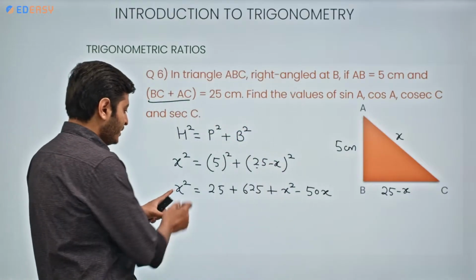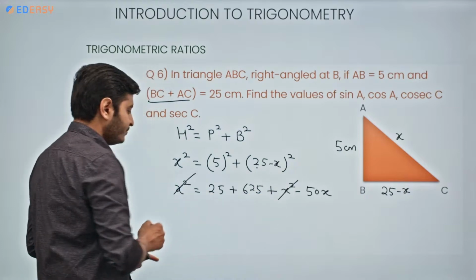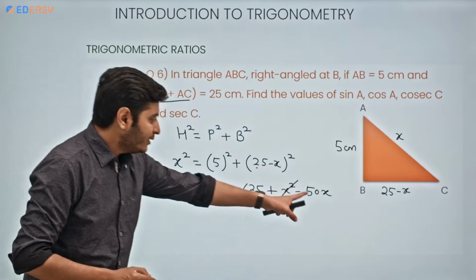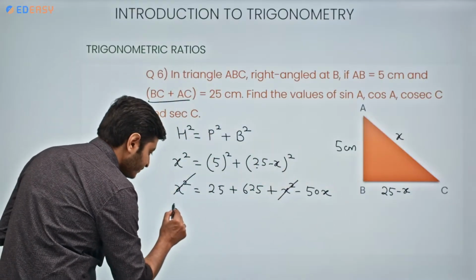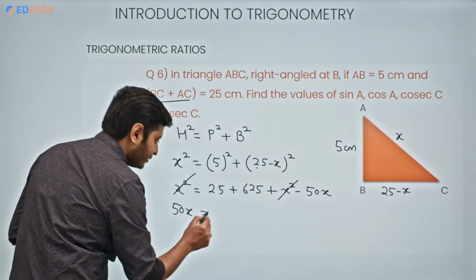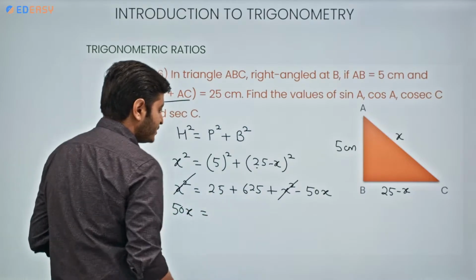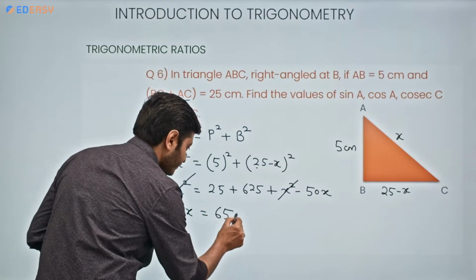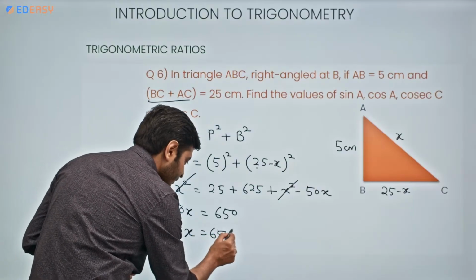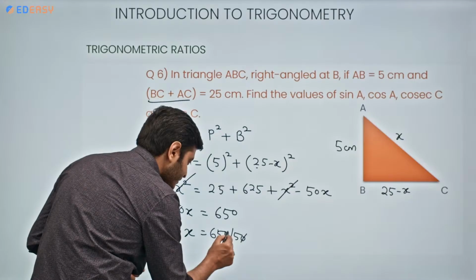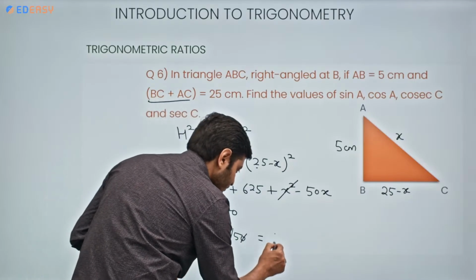Now look at this, x square and x square we can cancel them. And this minus 50x I will bring to left side. So it will become positive term 50x. 25 plus 625, 650. So x will be 650 divided by 50. 0, 0 cancel. 65 by 5, 13.